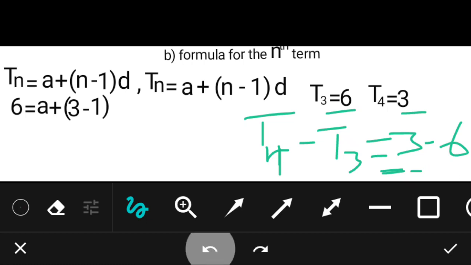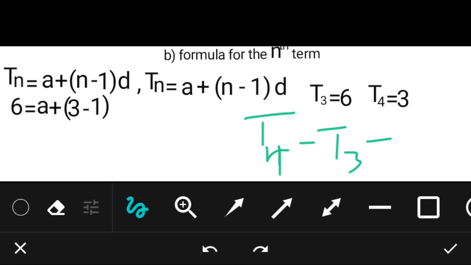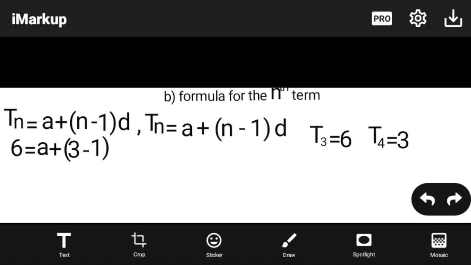So there you get negative 3, right? Yes. So now we continue. You subtract term 4 minus term 3, and that gives you negative 3. So the common difference there was negative 3.